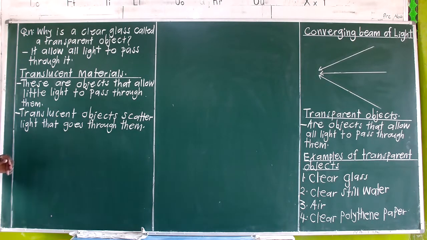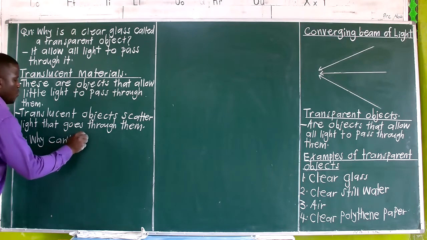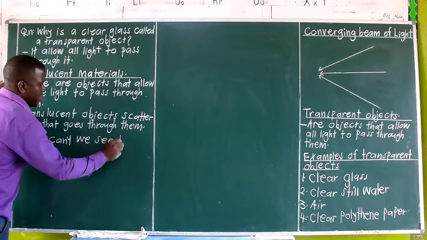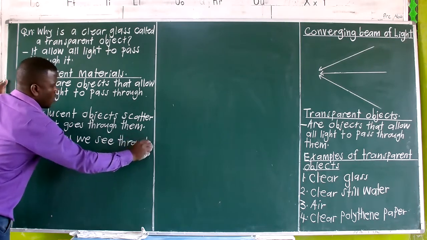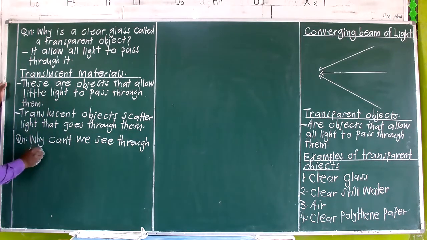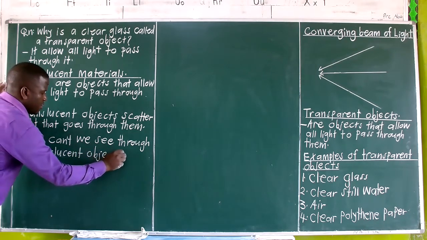And that's the reason why we can't see through translucent objects.